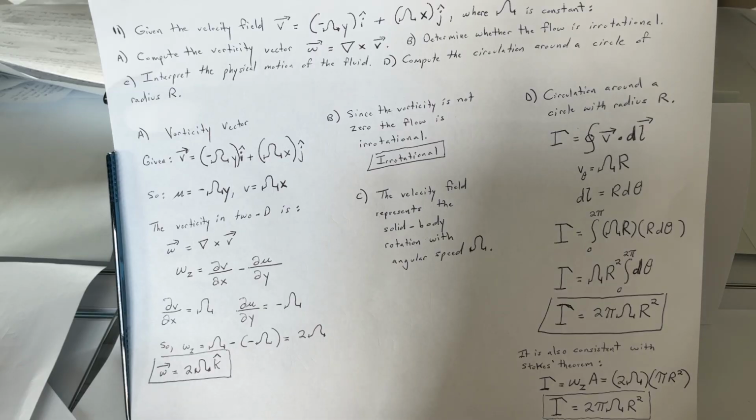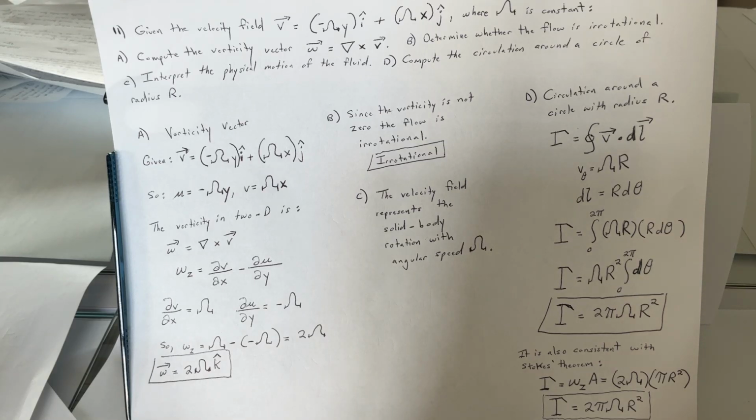And that dl is going to be capital R d theta. I'm just calling that L. Now for this integral for circulation, we're going to integrate from 0 to 2 pi the quantity omega capital R times your dl, R d theta. R times R is R squared, and omega and R squared you can take out of the integral, and you're integrating d theta from 0 to 2 pi.